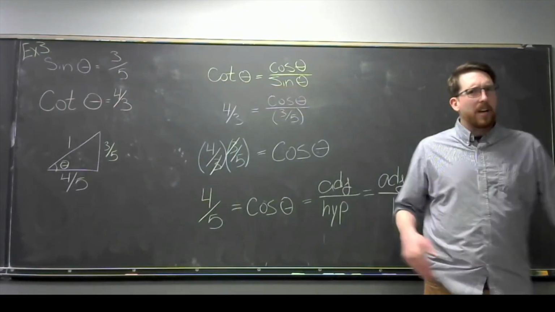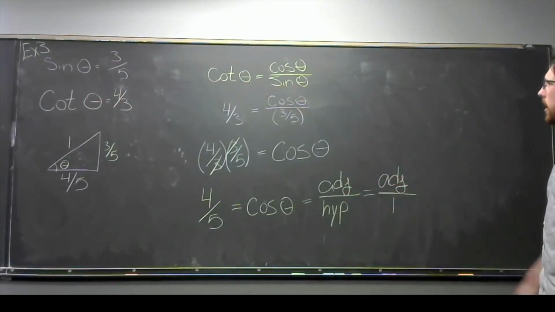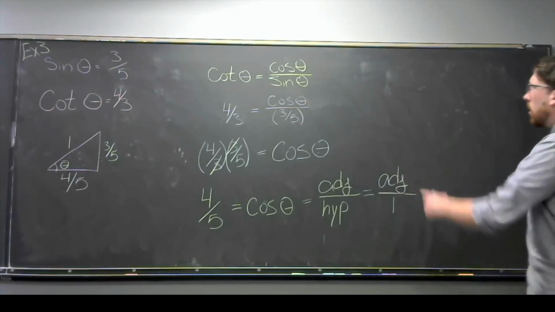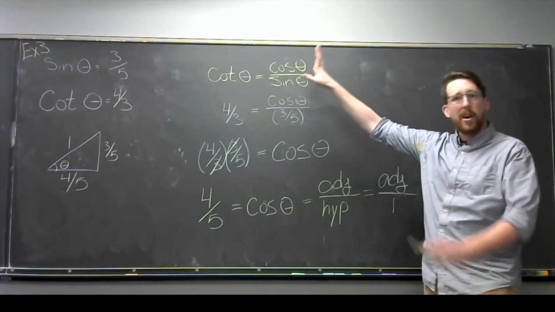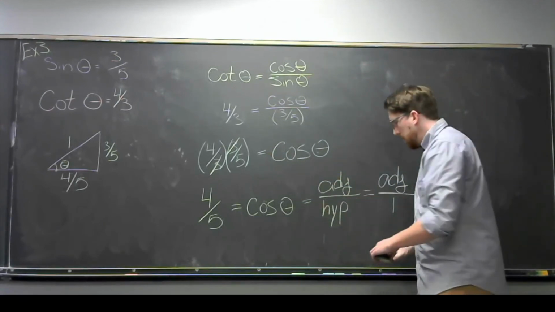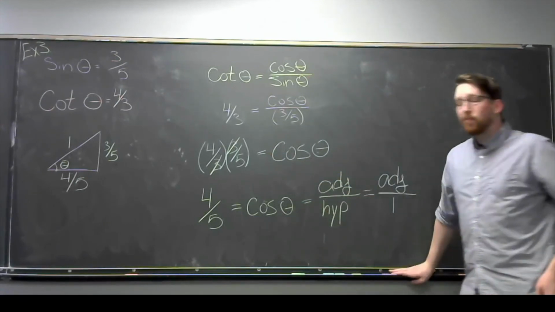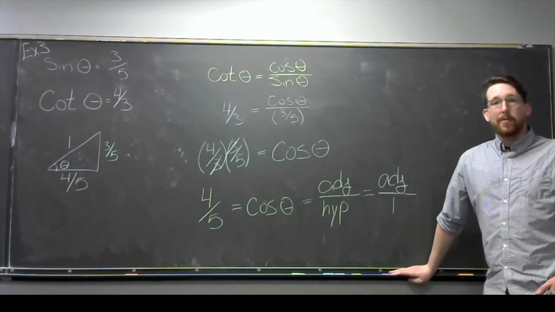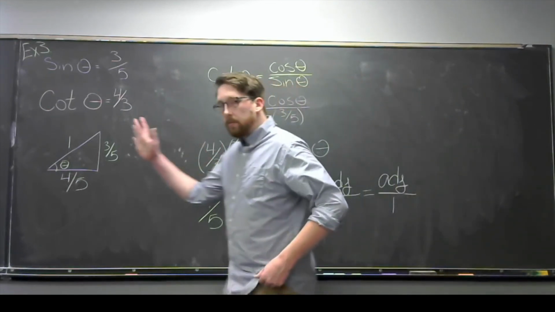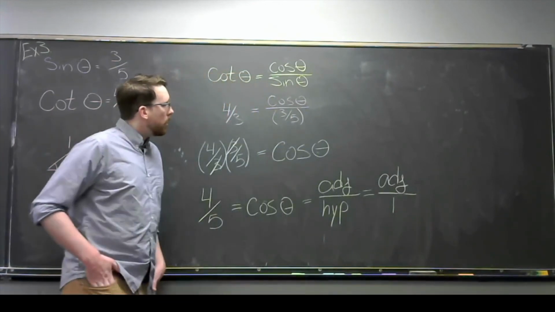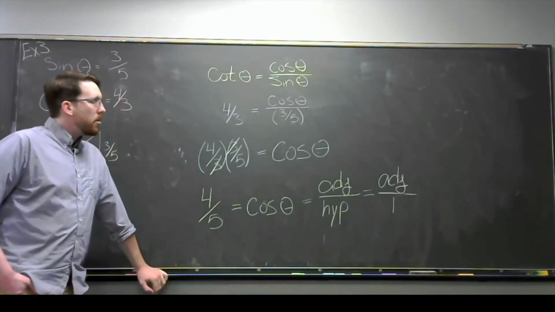So you might be looking at this and you're like, okay, how did I know to use the cosine over sine? And how did I do this and how did I do that? Honestly, the best answer I have to that question is through practice. None of this stuff comes natural to anyone. None of it does.